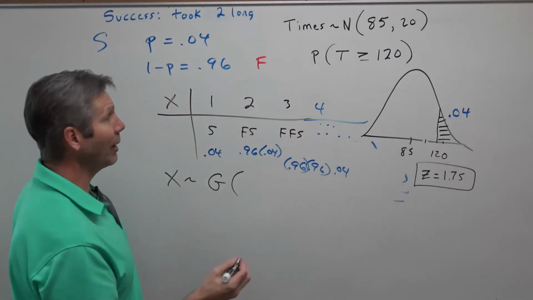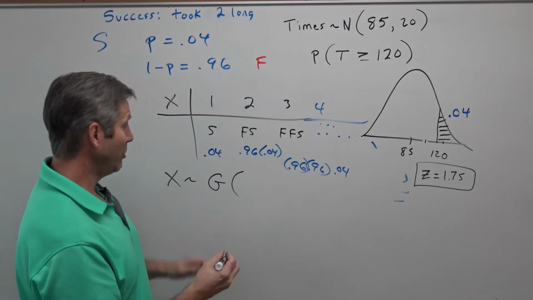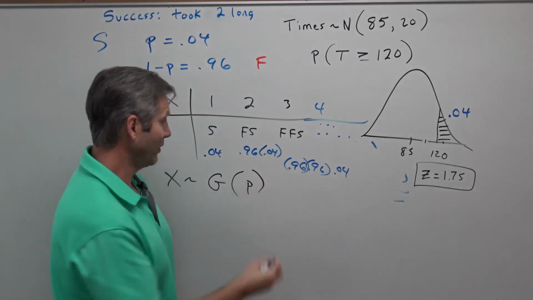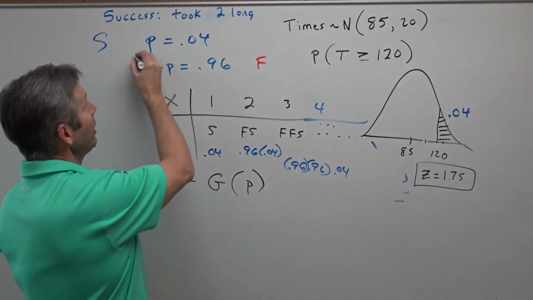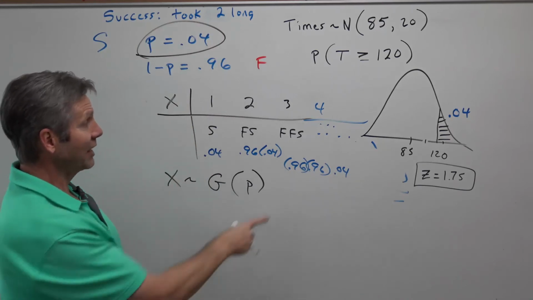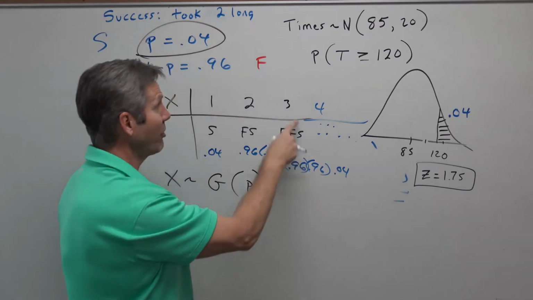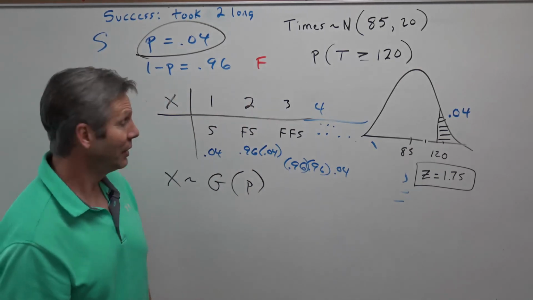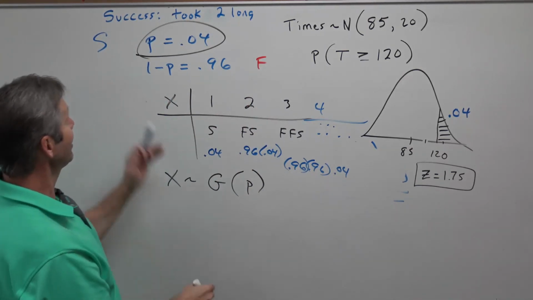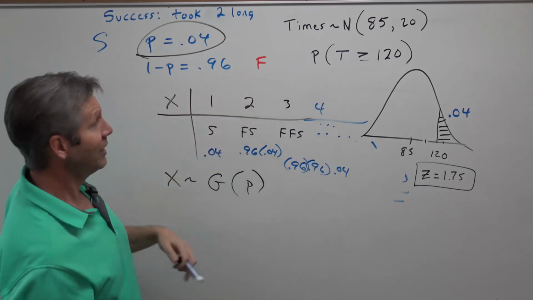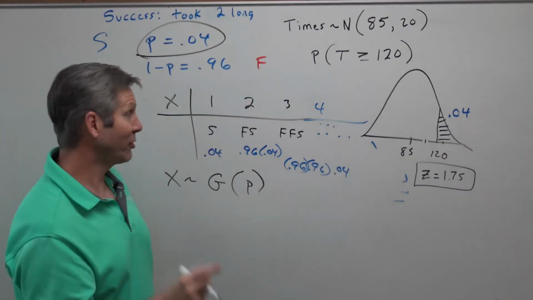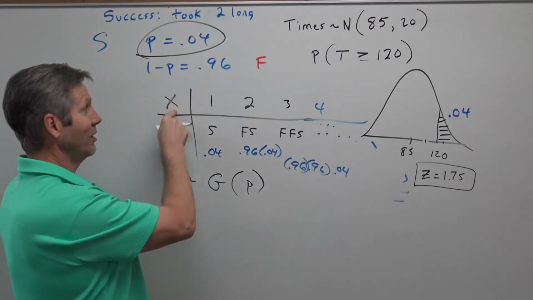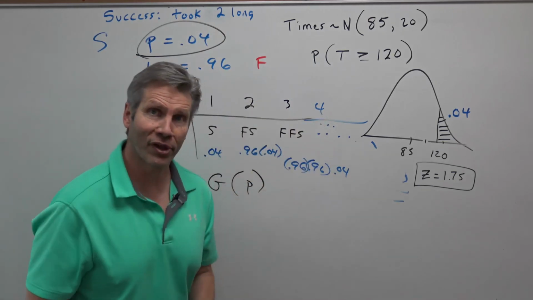There's only one parameter we need to know in a geometric probability, and that's the success rate P. Once we know the success rate, we can find the probability of getting a success on the third trial. We can find the probability that X could be any particular number. So get used to the nomenclature, success, failure, it's Bernoulli. But with geometric, it's a situation where X is on what trial will you get your first and only success.